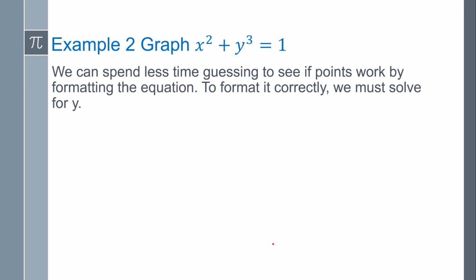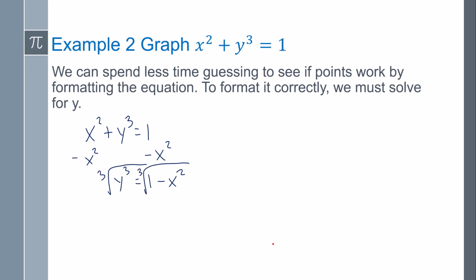So in this instance, you can get y by itself. You would subtract x squared from both sides. You would cube root both sides, because a cube root and a cube cancel out. Now this might be some math that we're unfamiliar with, but that's okay. The point is, y is now by itself.